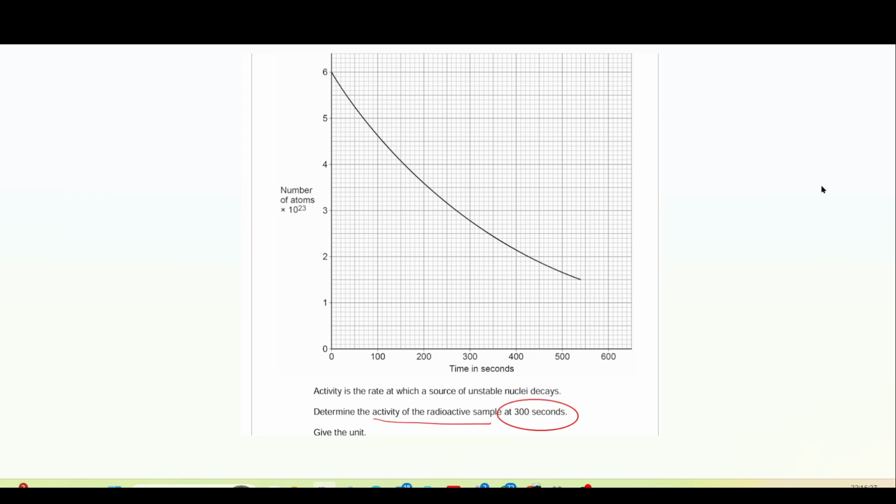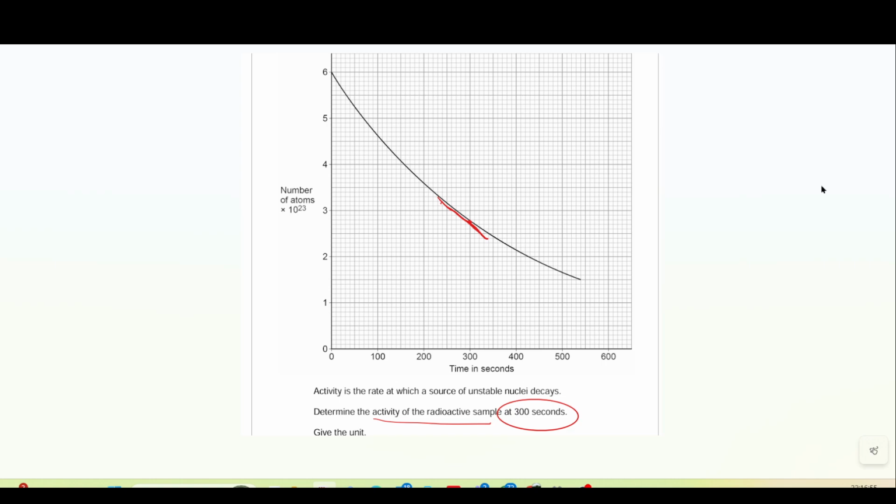So 300 second is this, right? And if we make a tangent here, tangent means just a straight line which is touching this point, like this. This is called slope. Slope gives us steepness of any graph, how steep the graph is.